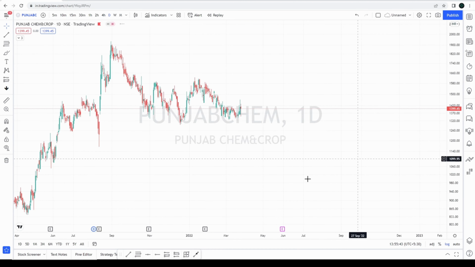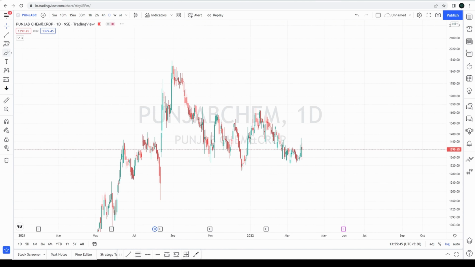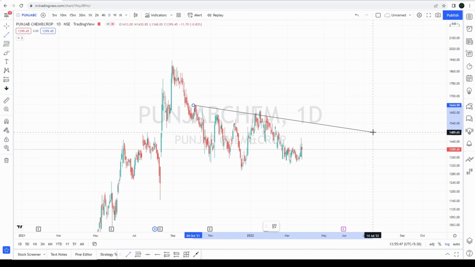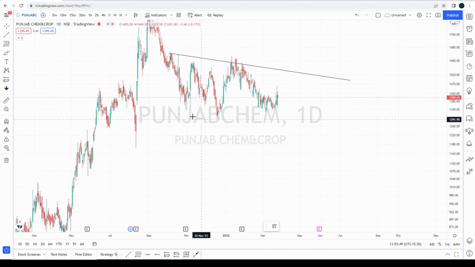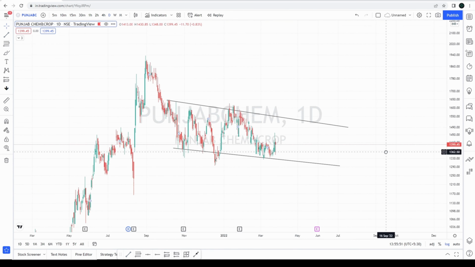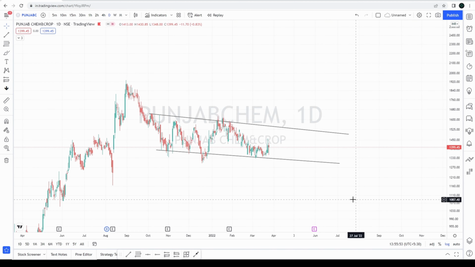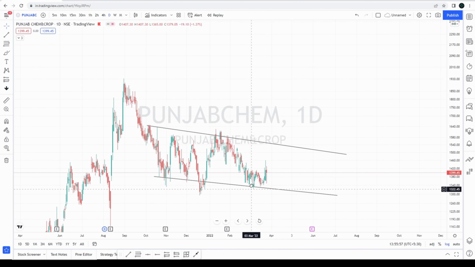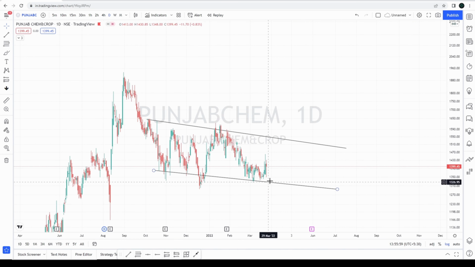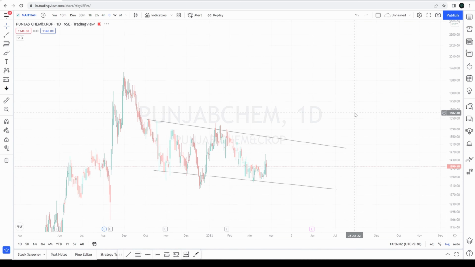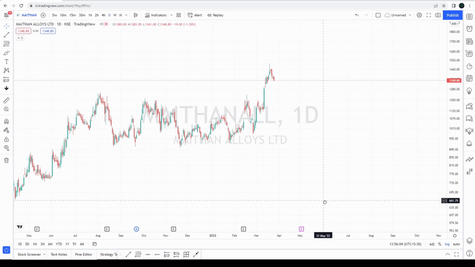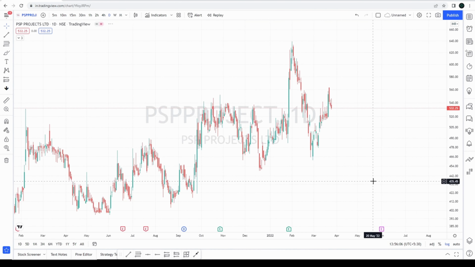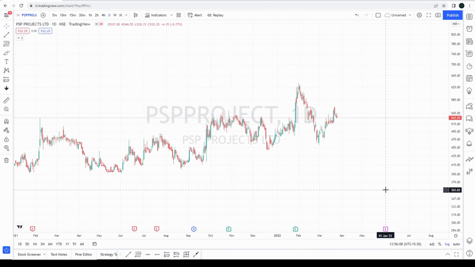So next we have Punjab Chemical. What we have in Punjab Chemical, I can draw this. I can connect this one. So you can keep Punjab Chemical in your stock watch list, because the stock is taking support from this particular level. And next, no, I don't see anything here also.